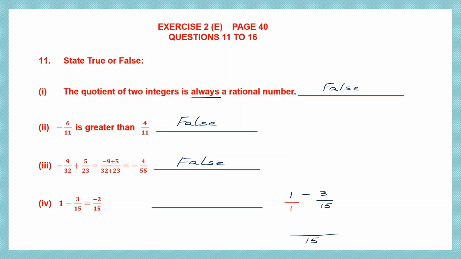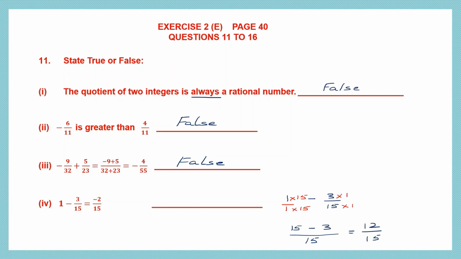So here this is 1 into 15, that means we multiply this also by 15. So 1 into 15 is 15, minus, then go to the next one, 15 into 1 is 15, so 3 into 1 is 3. So 15 minus 3 is 12. So we get 12 by 15. The answer is 12 by 15.